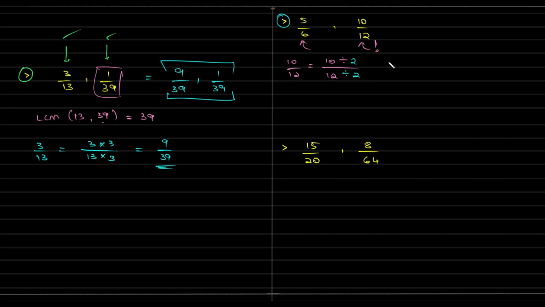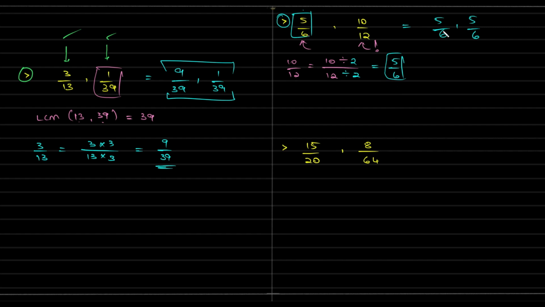We divide both the numerator and denominator by 2. This is 5 by 6. So you can clearly see both of these are 5 by 6 and 5 by 6, and so this question is in a form wherein they are like terms. As of now, this is already in like term form, so you need not convert it.